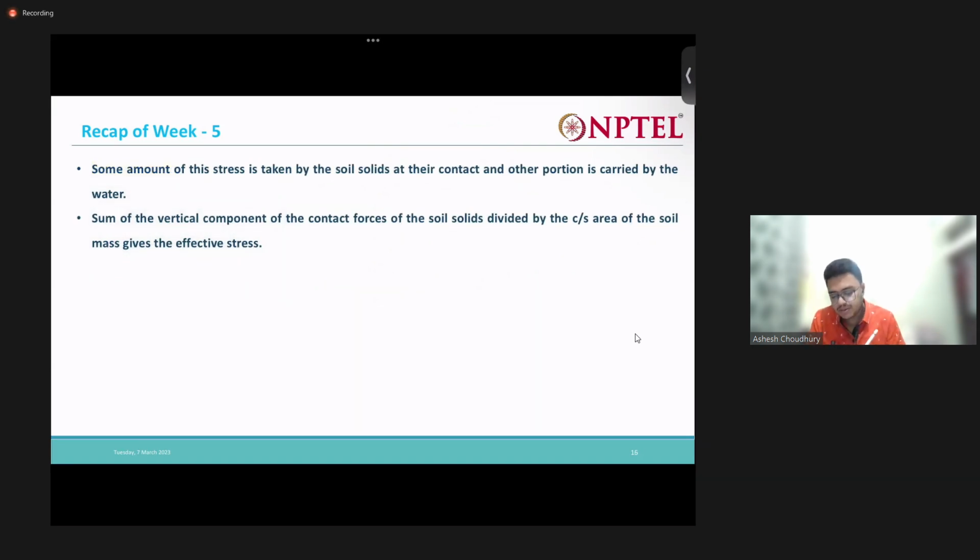So some amount of stress is taken by the soil solids and some by the water, as we discussed. The sum of the vertical components of the contact forces of the soil solids divided by the cross sectional area of the soil mass gives the effective stress. Okay, we will discuss that.